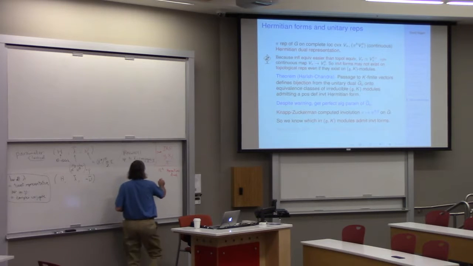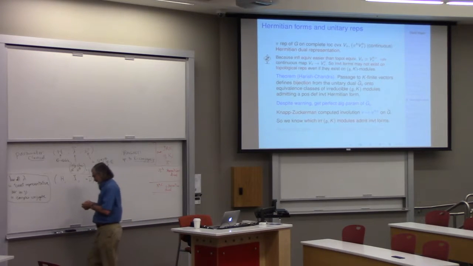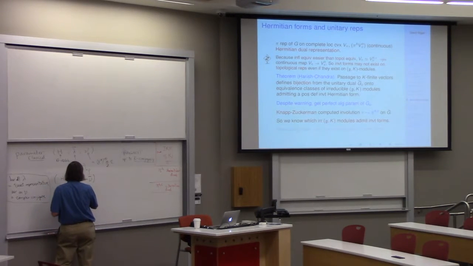Since I'm filling up the board, there's another notion, which I probably won't get to today, of the C Hermitian dual, and what that is, is the same H, the same lambda, and just nu bar.